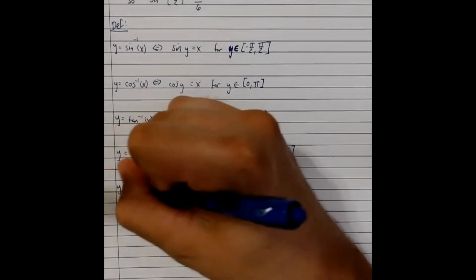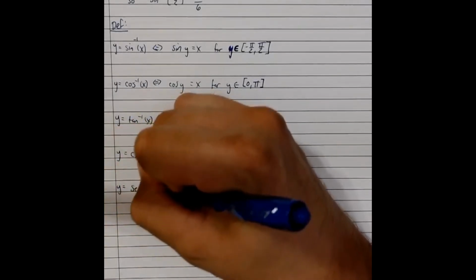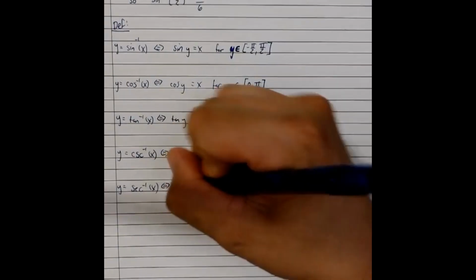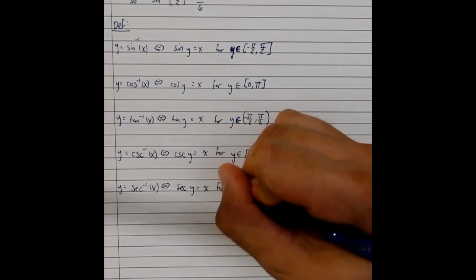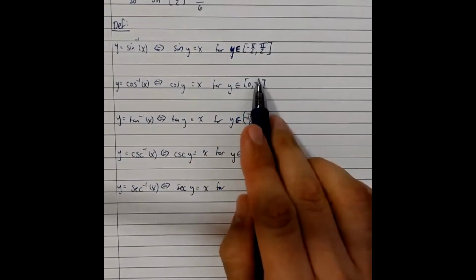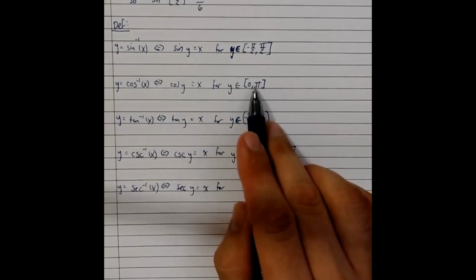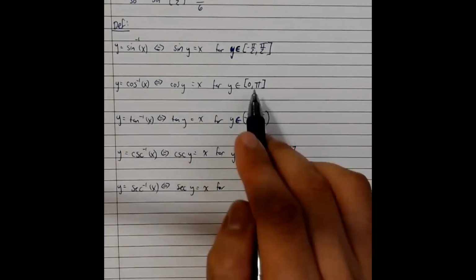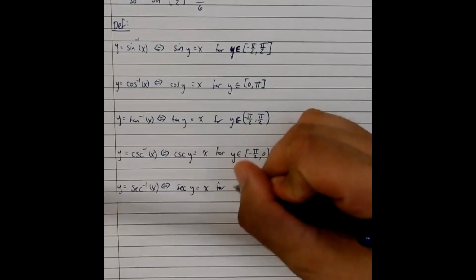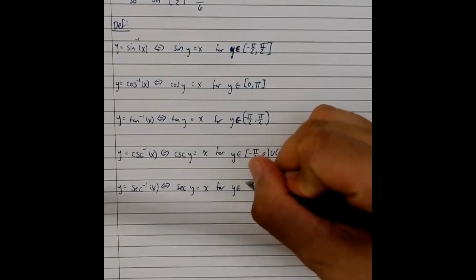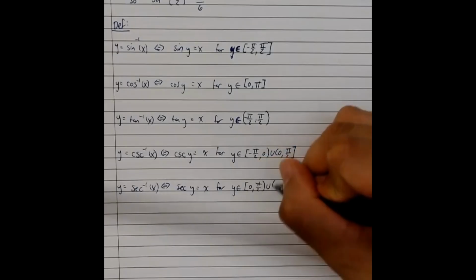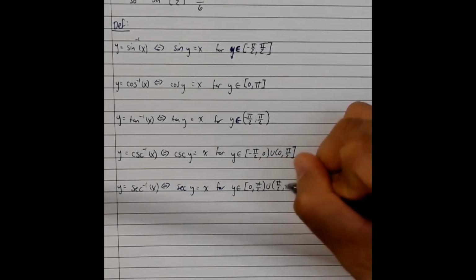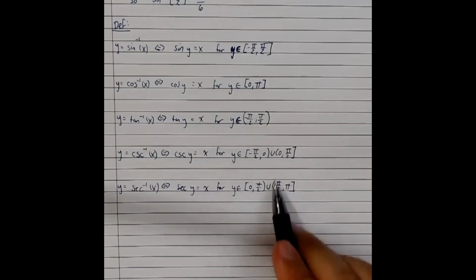So here we're going to take y equals the secant inverse of x, and that's going to be given by the secant of y equals x for that same interval, excluding the asymptote, which, if you remember back to chapter 4, was going to be found at pi over 2. So this is going to be y is an element of the interval from 0 to pi over 2, union with the interval from pi over 2 up to pi. Same interval with a hole at pi over 2.